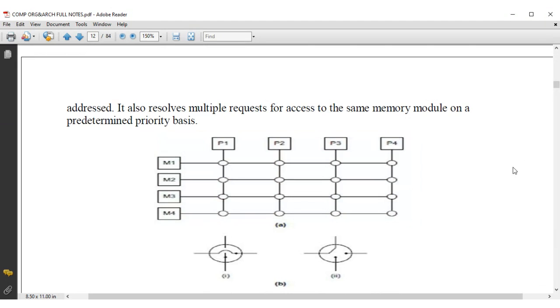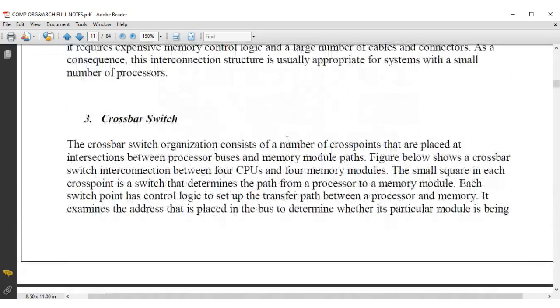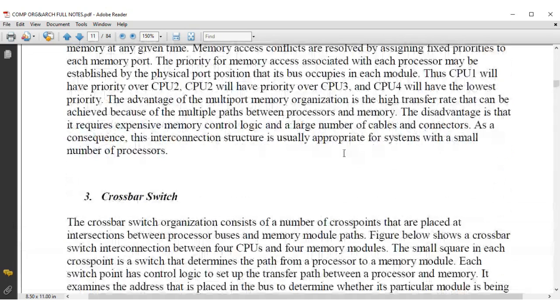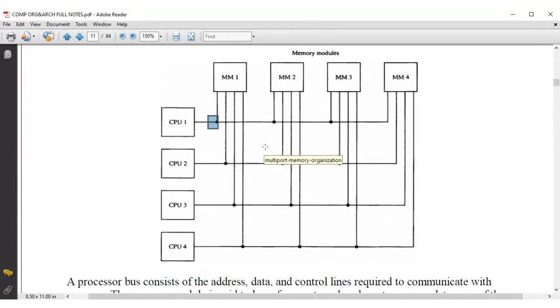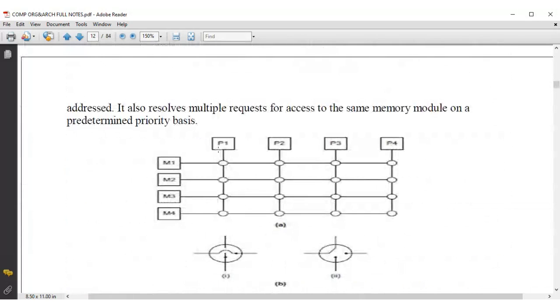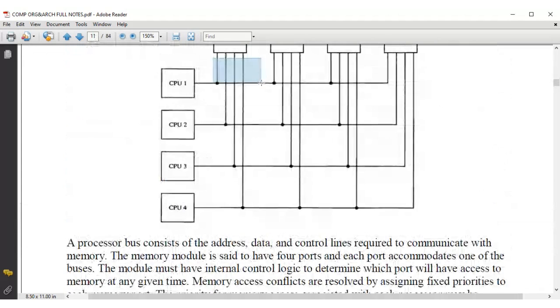But the difference is that instead of having different ports for each connection, like here you have, unaangalia hapa unapata kuna data buses 4 zina connect to memory module 1, right? Hapa kuna data bus moja. Can you see that? Hapa kuna data bus moja, lakini hapa kuna data bus 4.